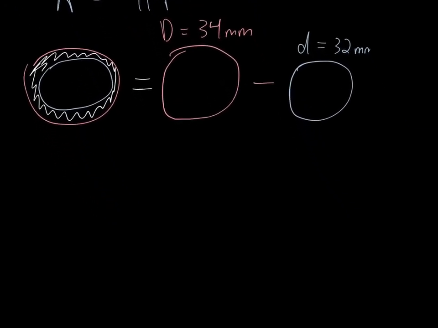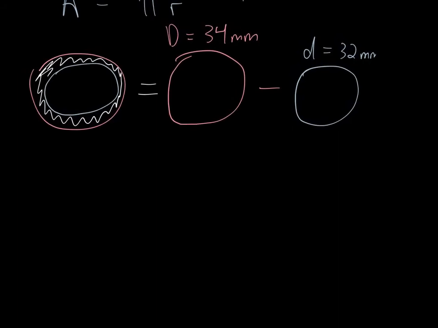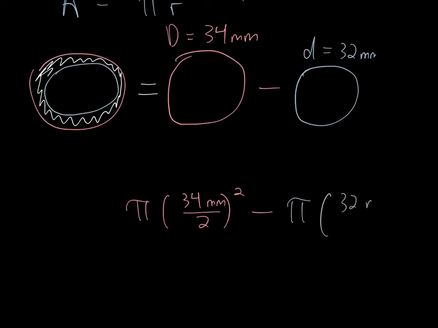The area of the larger circle equals pi times radius squared, but since we're only given the diameter, we solve for the radius, which is the diameter divided by 2, and then we square that, subtracting the area of the smaller circle, which is pi times 32 millimeters divided by 2 squared. And let me get it on my calculator.